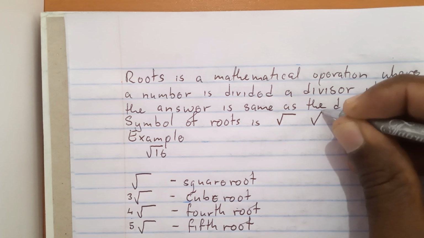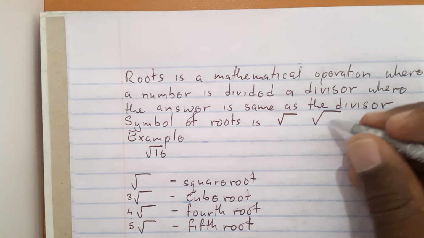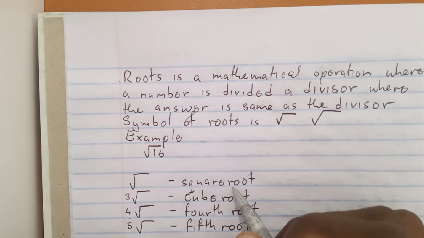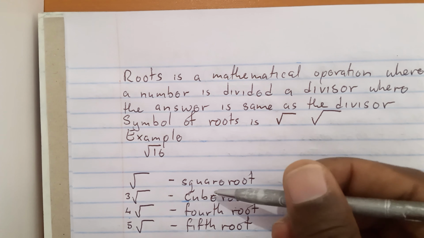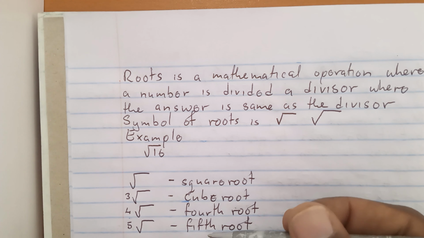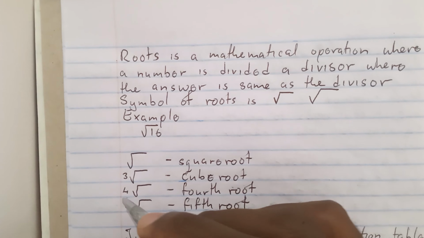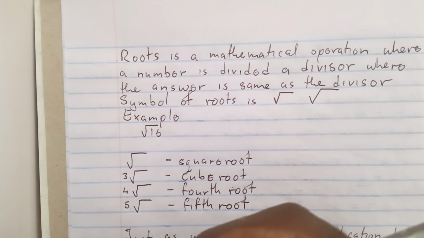Actually, this one is more commonly used for square roots. A square root doesn't have a number, but other roots do. So a cube root will have a 3, a fourth root will have a 4, a fifth root will have a 5, and so on and so forth.